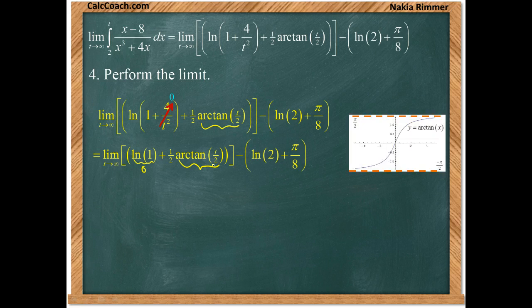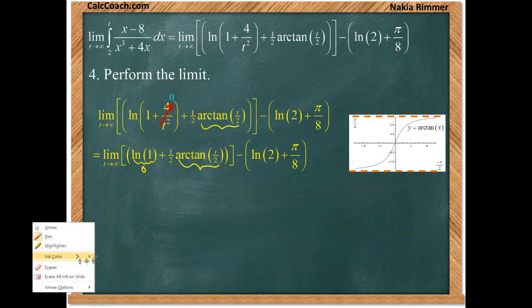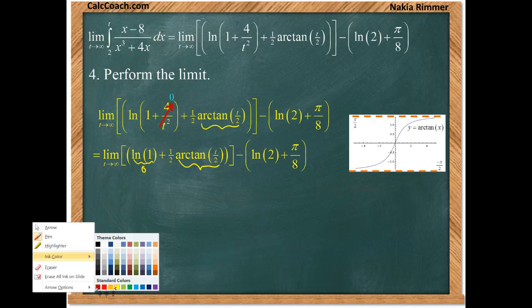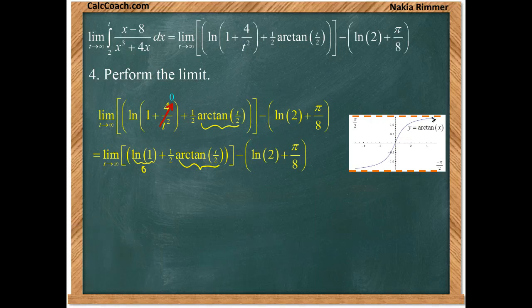Well, you have to know the graph of arctan really to know what happens as t gets big, and it being the inverse of tangent, switching the x's and y's, what we end up with is that it approaches pi over 2 as x gets big, and negative pi over 2 as x gets small.